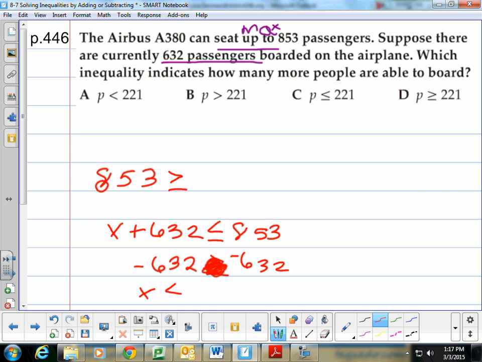So then you rewrite, bring x down, and you end up with 221. So that means the number of passengers still able to board can be 221 or less. So the number of passengers is less than or equal to 221. So we couldn't have 222 people board because then we'd be over capacity.